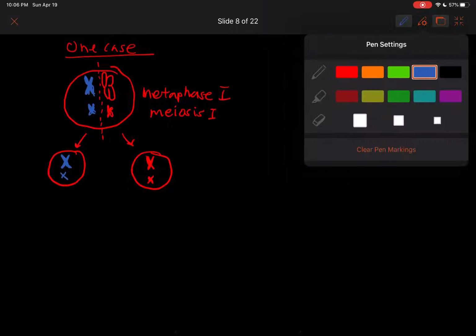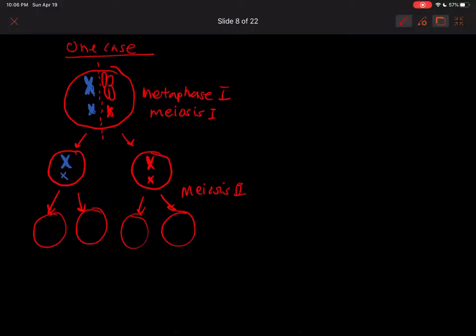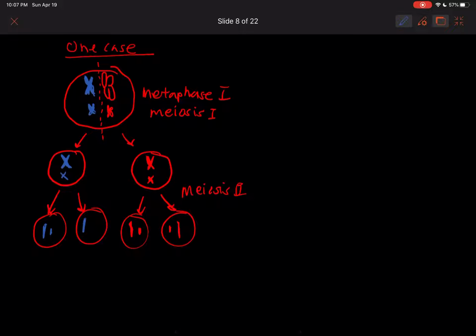You further split it in meiosis 2, and now you end up with 4 daughter cells that have just red chromosomes, single, because remember you reduced the chromosomes by half, and then you have just blue chromosomes on the other ones.